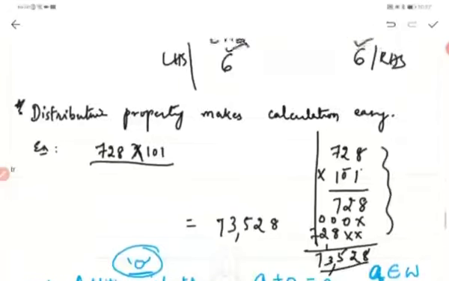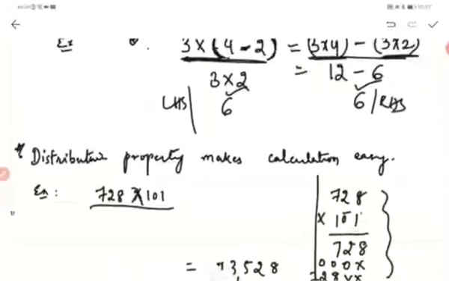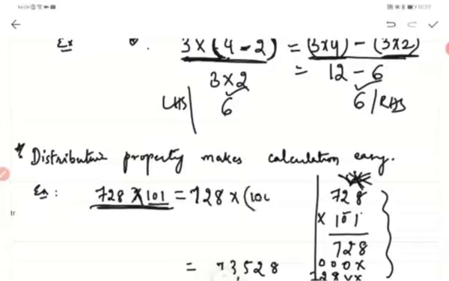Now I can simplify my multiplication. Instead of going like this, I will use a very easy method by using the distributive property. I will write this as 728 into, and I'll take 101 as 100 plus 1.